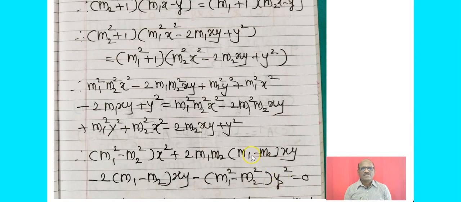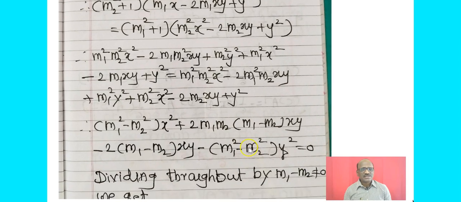Then we will get the values of m1 minus m2 and (m1 minus m2) bracket square. The (m1 minus m2) bracket square can again be written as (m1 plus m2) and (m1 minus m2), and m1 minus m2 gets cancelled throughout.